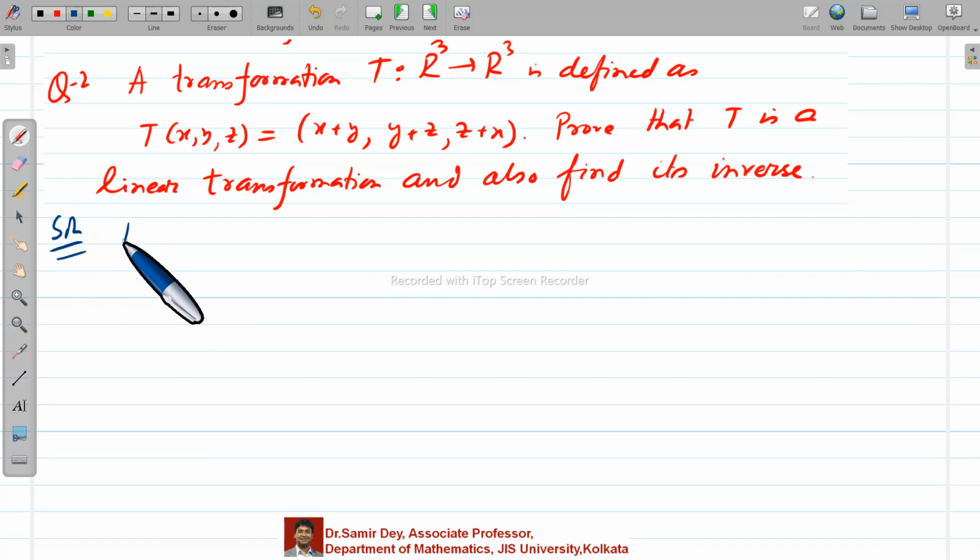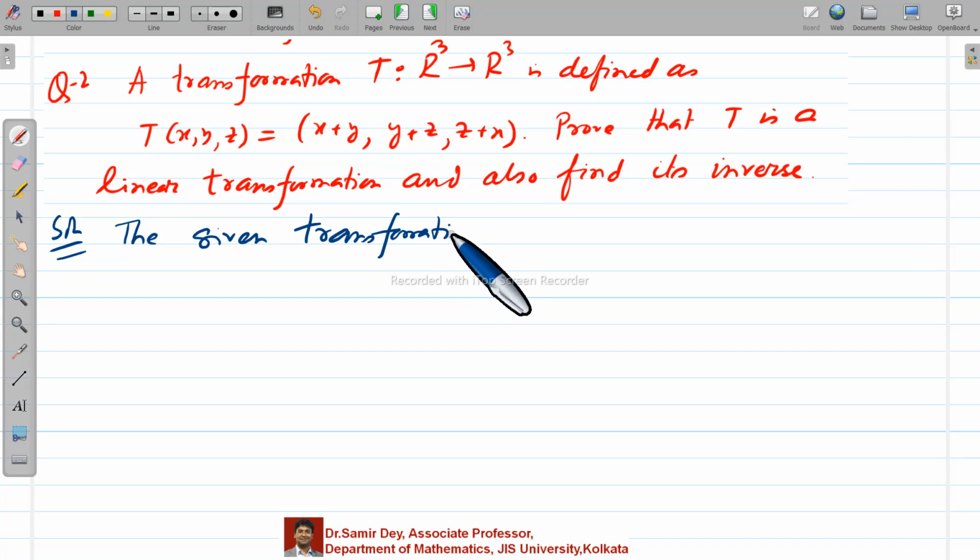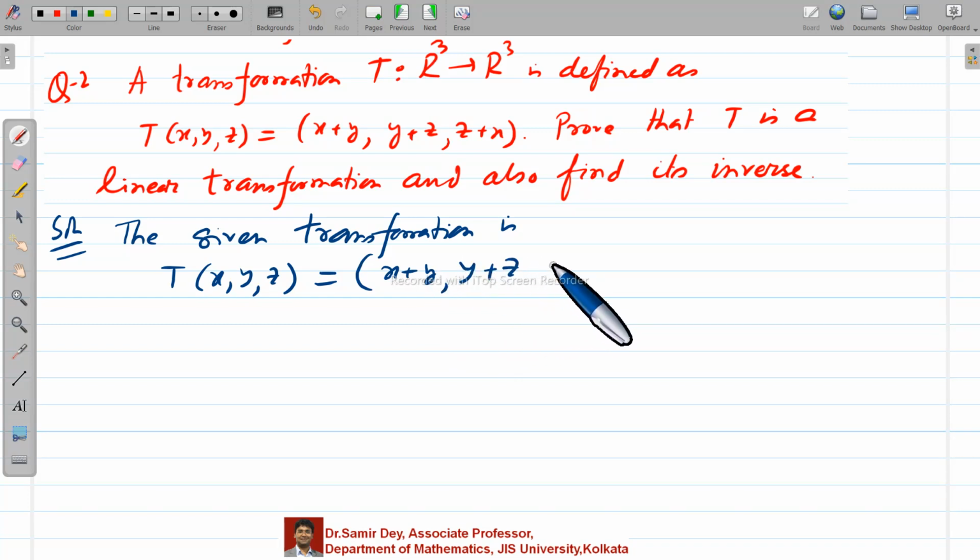So please write down the given transformation: T of x, y, z is equal to x plus y, y plus z comma z plus x.